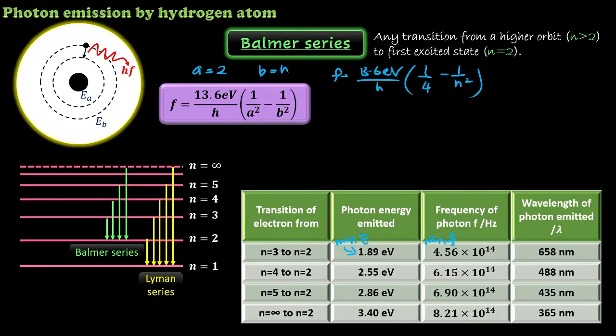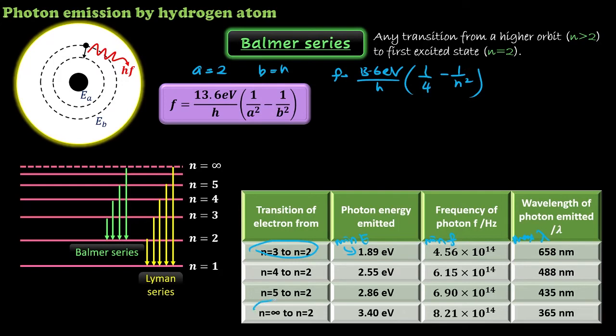Then the maximum lambda for the Balmer series will be equal to 658 nanometers. So this one is the least, or the minimum, photon energy emitted by the Balmer series.